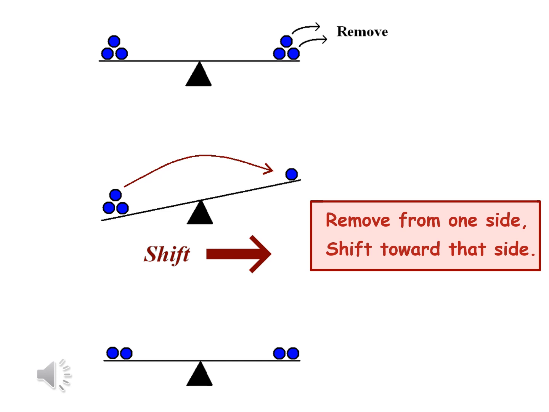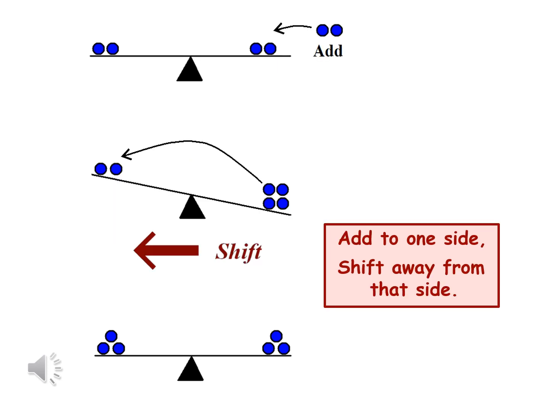In order to get it back to equal, you have to shift toward what you removed in order to get it to balance again. If, on the other hand, you start with 2 balls on each side and you add 2 more to one side, that side is going to go down. But in order to get back to equilibrium, then you're going to have to shift away from what you added in order to restore the balance again.